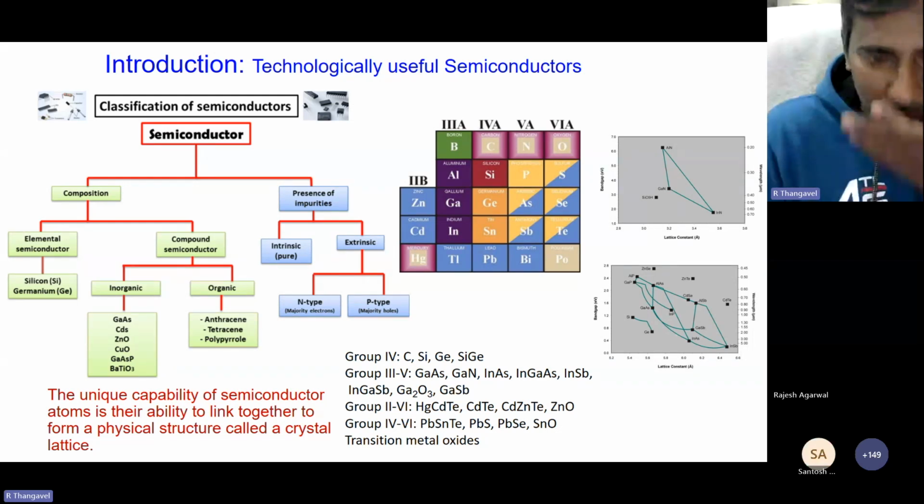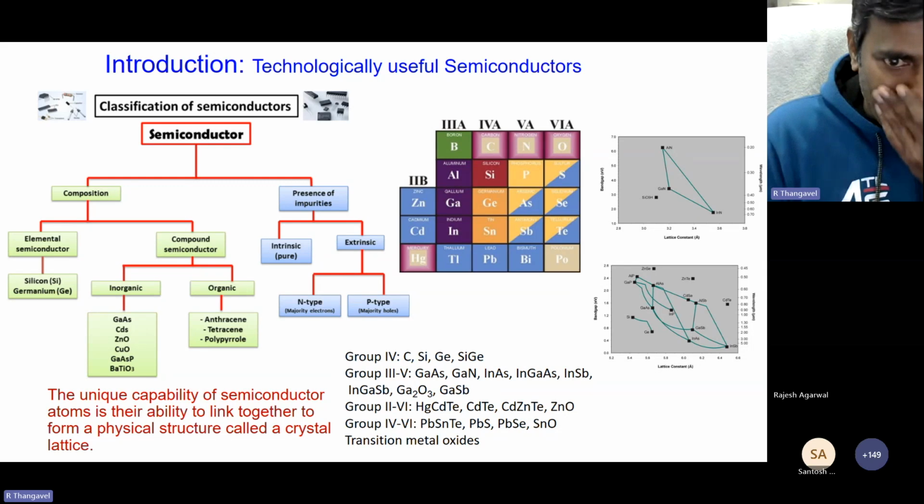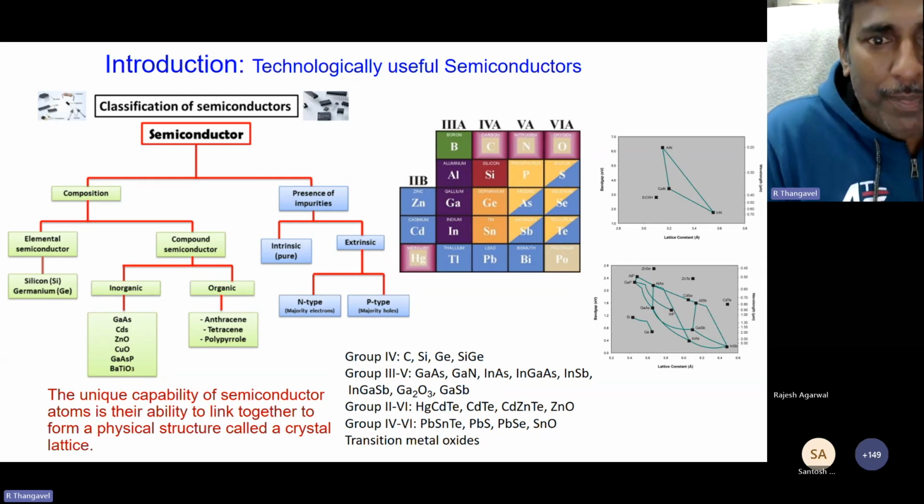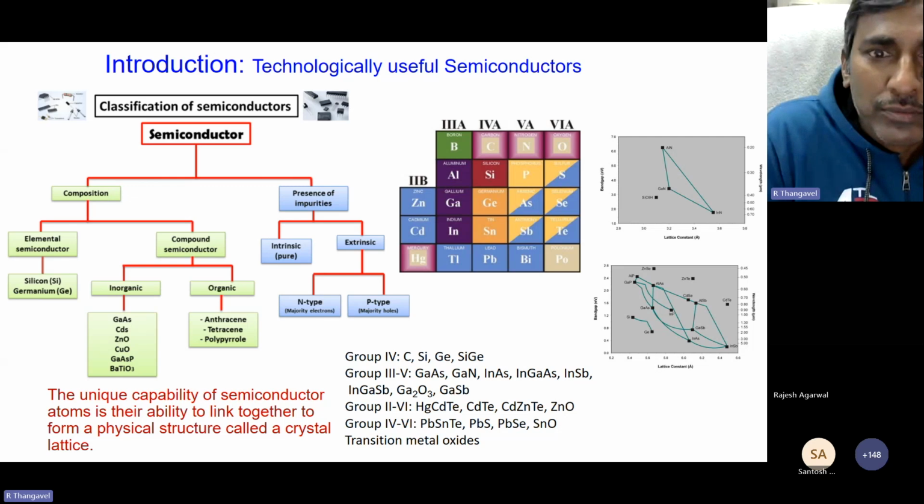Among compound semiconductors, the basic inorganic semiconductors include gallium oxide, cadmium sulfide, zinc oxide, copper oxide, and gallium arsenide phosphide. Organic semiconductors such as anthracene, tetracene, and polypyrrole are also utilized. And there are two types, intrinsic or extrinsic, as everybody knows.